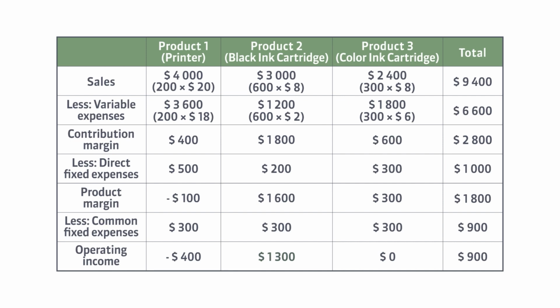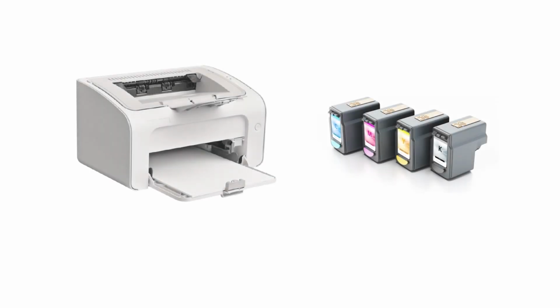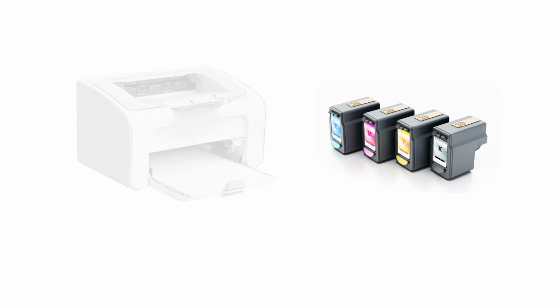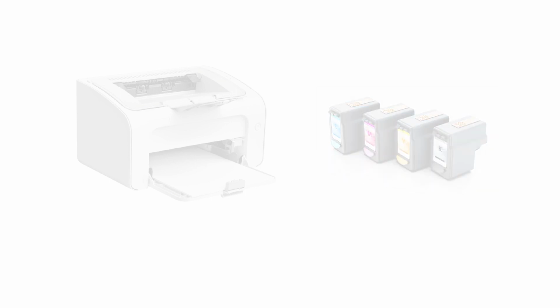The CVP analysis should help managers to increase companies' profit. From this perspective, the company should stop selling printers and think how to make color cartridges profitable. The main problem in this situation is that once the company stops offering printers to its customers, they will not need the cartridges for these printers either.